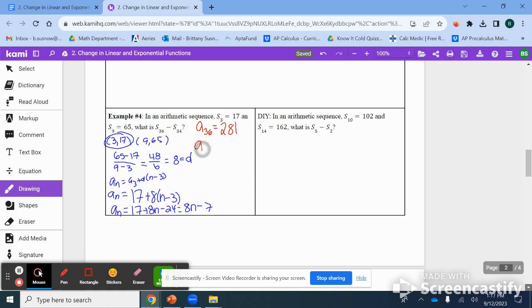When you take 34 and plug it in, what do you get? 265? Those that are ahead, typing in the calculator, do you get 265? Anyone? Confirm with me. When you plug in 34? 265, thank you. And then we do 281 minus 265, which is 16.